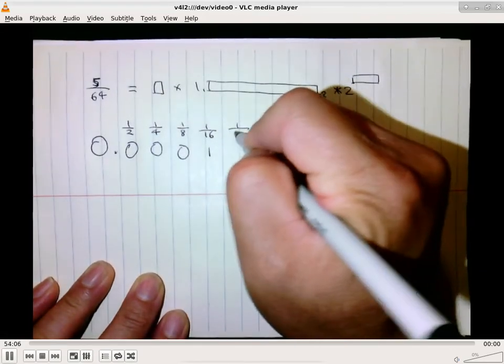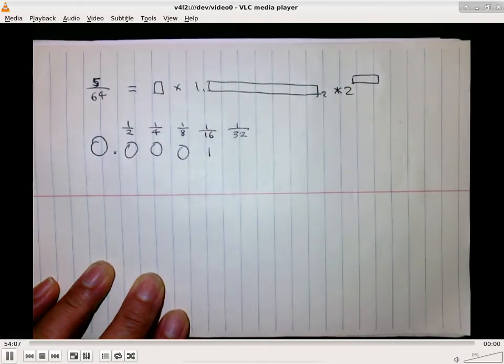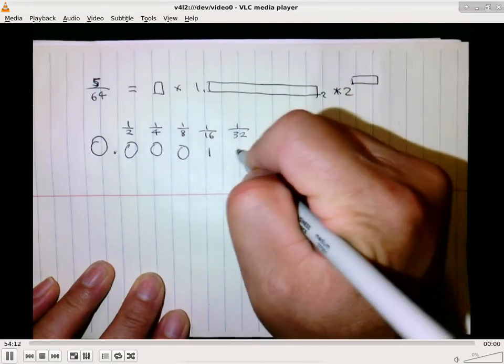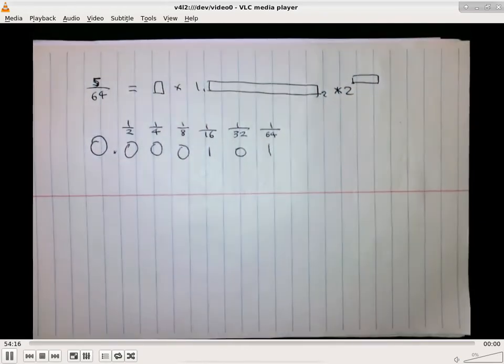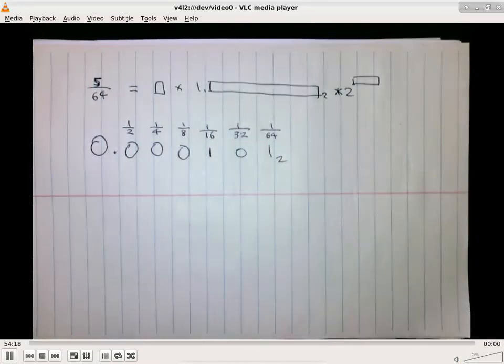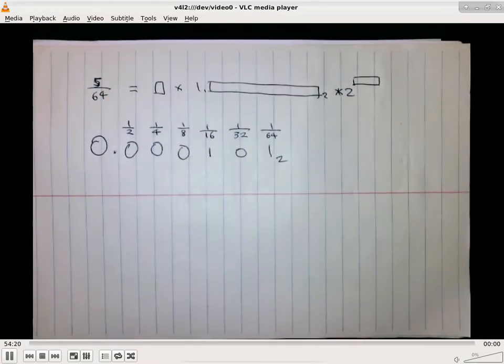Is there a 32nd after we subtract the 16th out of 5/64? Nope. Is there a 64th left? Yes. Okay, cool. So now we know how 5/64 is represented as a binary number using the binary point.